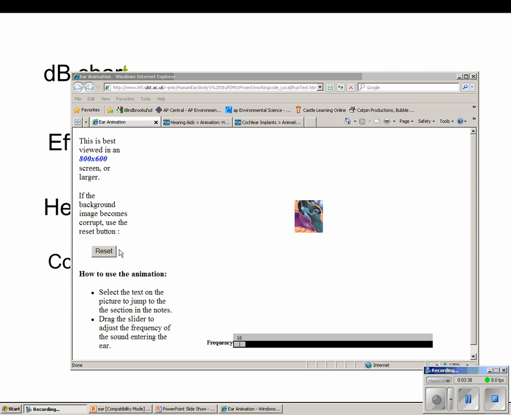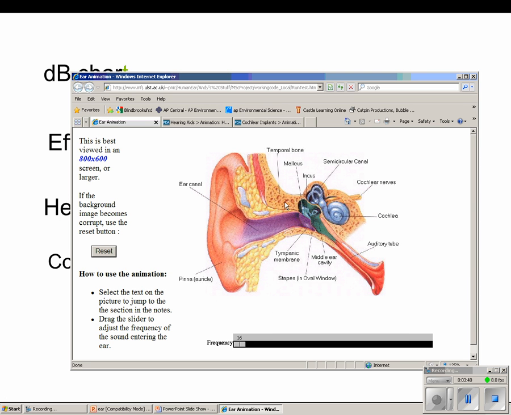If we reset this, you can see if we had sound coming in right now, sound is coming in the ear canal, and you see these bones. The malleus, incus, and stapes are the small bones, hammer, anvil, and stirrup. You see the vibrations hitting the eardrum, and they're causing vibrations of these bones, which moves the signal along this inner part of the ear.